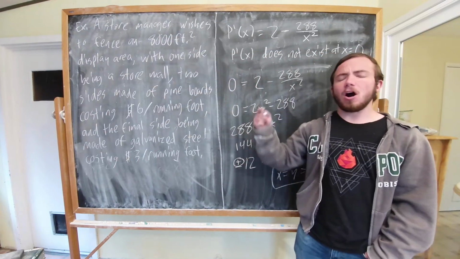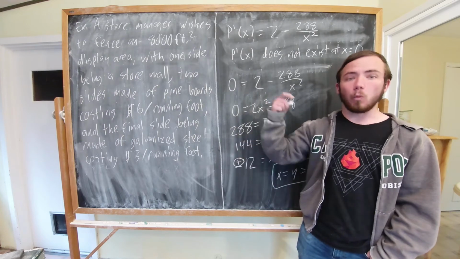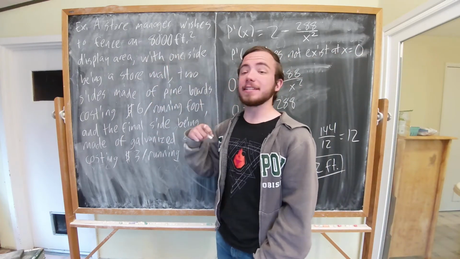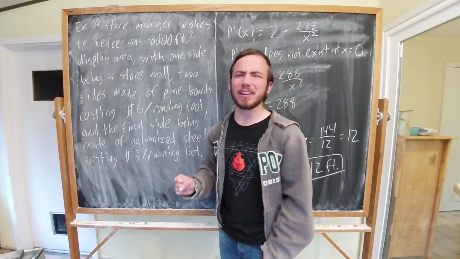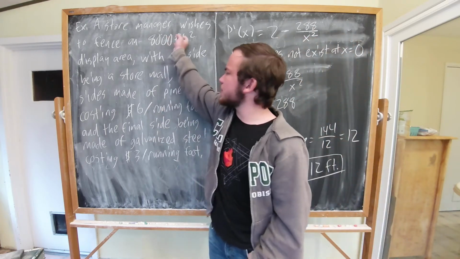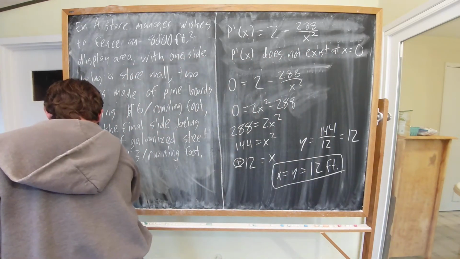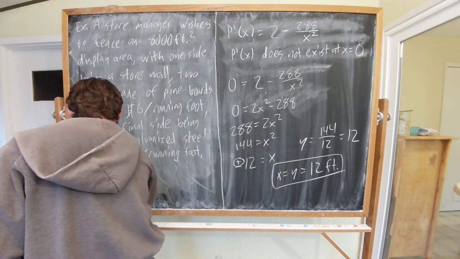Okay, so we have this set up. Our goal is going to be to figure out what dimensions should we put on our two sides of pine board and our one side of galvanized steel, so that we can still enclose this area, but it'll cost the least. So let's minimize the cost of this project.